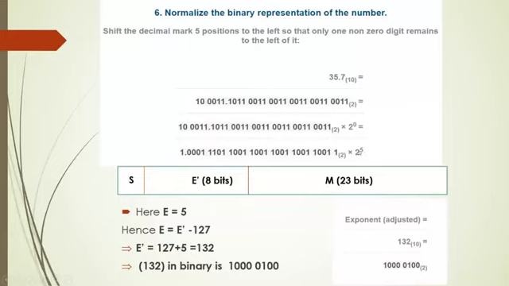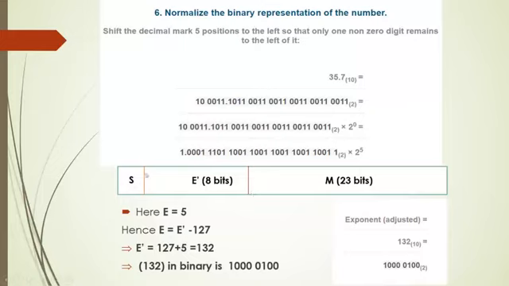The IEEE representation can be given in this particular block. The first bit, only one bit, is for the sign, that is whether it is 0 or 1. I have already said 0 is for positive numbers and 1 is for negative numbers. So if S is 0 it means positive, S is 1 negative.